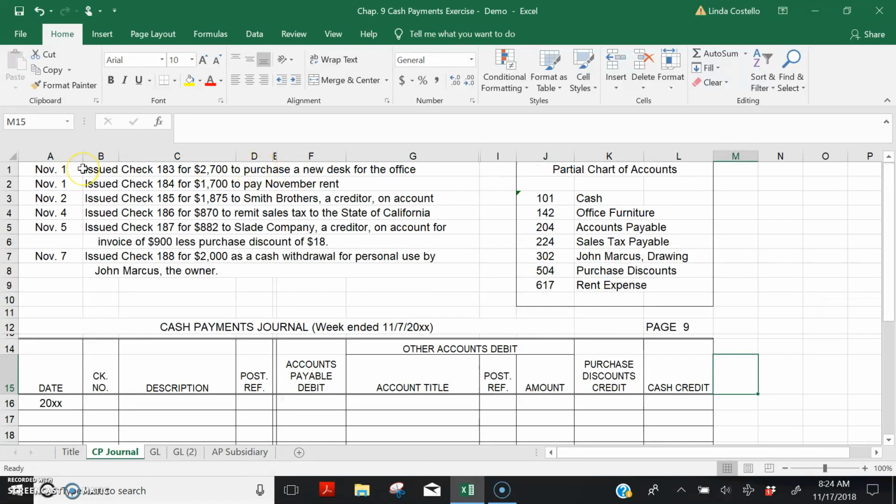On November 1st, we wrote check number 183 for $2,700 to purchase a new desk. This transaction requires a debit to office furniture and a credit to cash. We can easily record this transaction on the Cash Payments Journal.